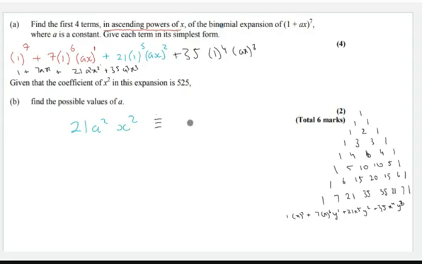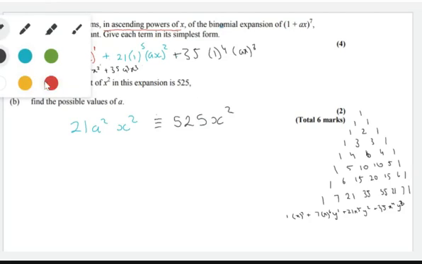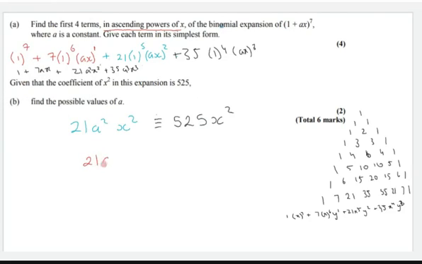So this is identical to 525 x squared. So what other information can we deduce from this? That a squared times 21 gives us 525. Exactly that. So then we can just say 21a squared is equal to 525 and find a from that. That's it.